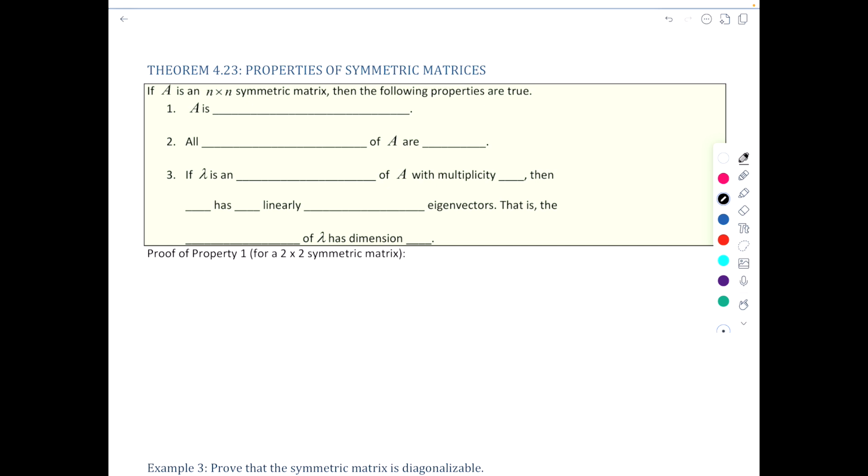This is also called the real spectral theorem. What we have is, if A is an n by n symmetric matrix, then the following properties are true. A is diagonalizable.